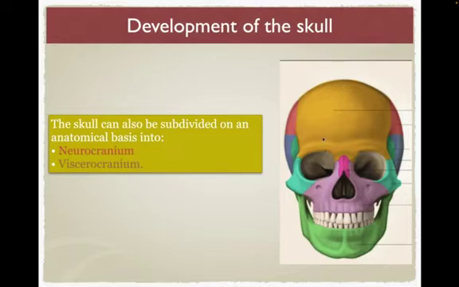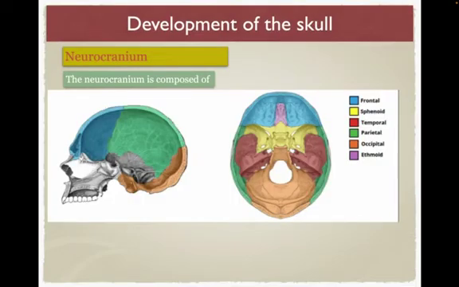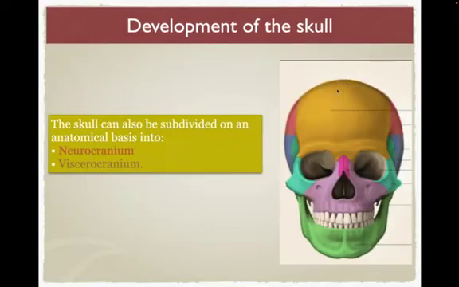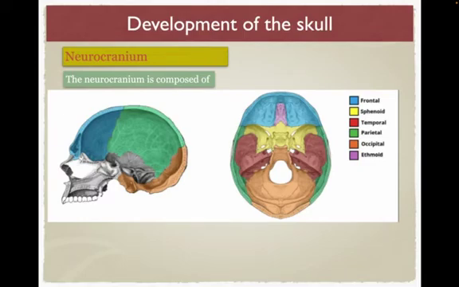The viscerocranium represents the face of the patient, basically what the patient sees in the mirror, while the neurocranium is the posterior part that is surrounding the brain of the patient.